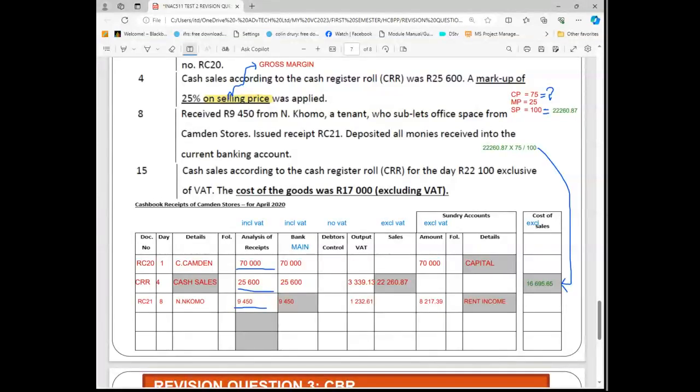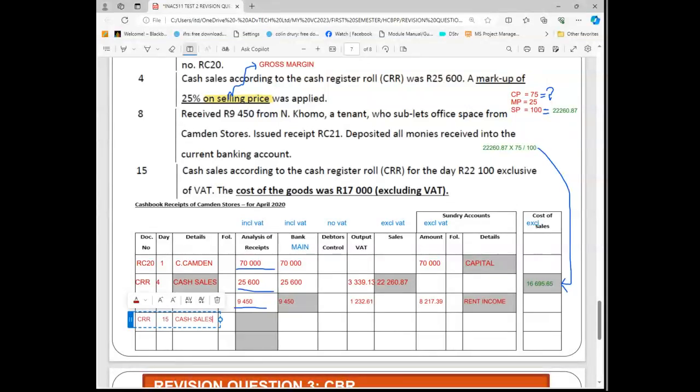Next. Cash sales according to the cash register roll. The document number is CRR on the 15th. Cash sales.